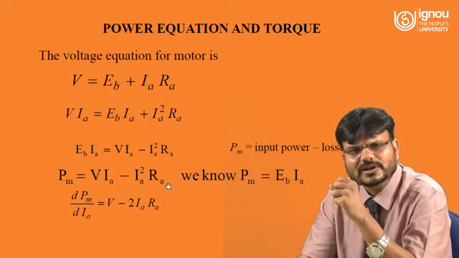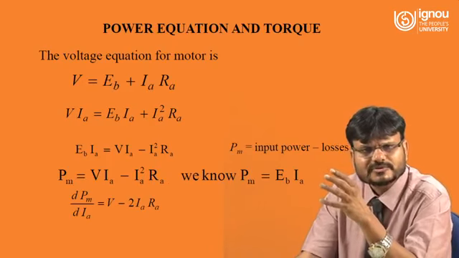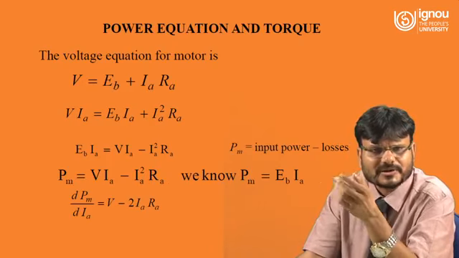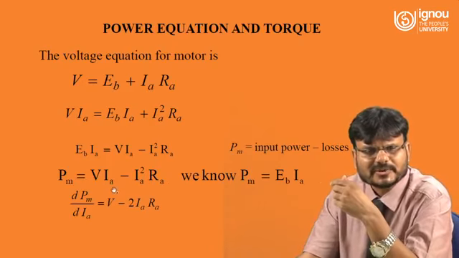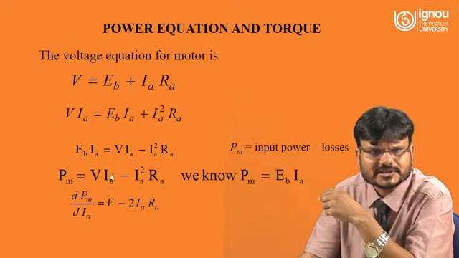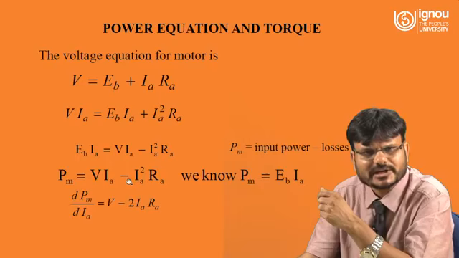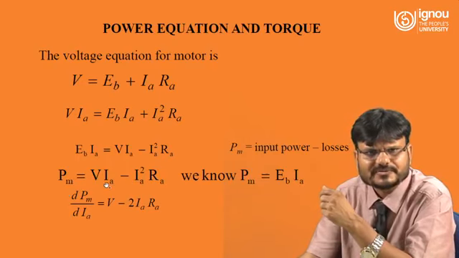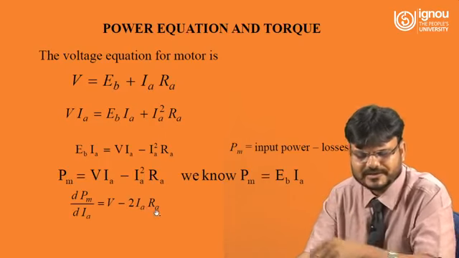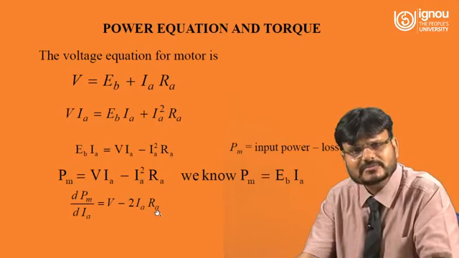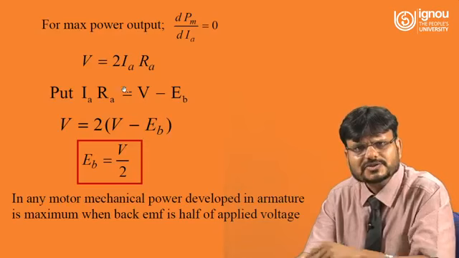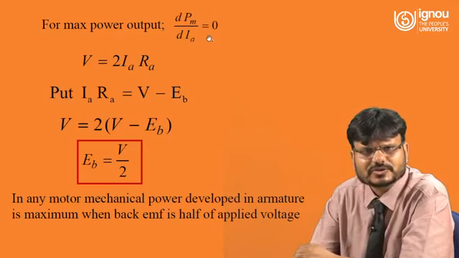Now we want to calculate the condition to get the maximum power. To get the maximum power, what is the variable quantity? That is the armature current. Differentiate this equation with respect to the armature current. So dP_m upon dI_a is equal to V minus 2 I_a R_a. To get the maximum power, put dP_m/dI_a equal to 0.